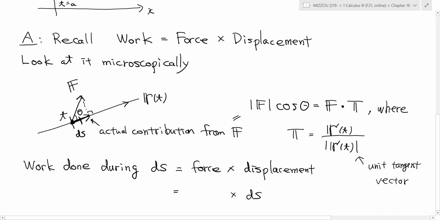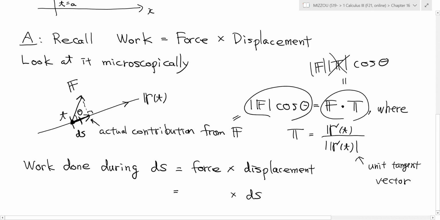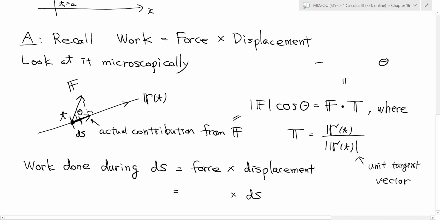Because if you approximate this curve as a line, the vector going like this is r prime of t. If you normalize it by dividing by its own magnitude, what you get is a unit vector. And since it's a unit vector, the dot product is the magnitude of F times the magnitude of T times the angle between them. But since this is 1, what we get is this. So that's why we have this formula.